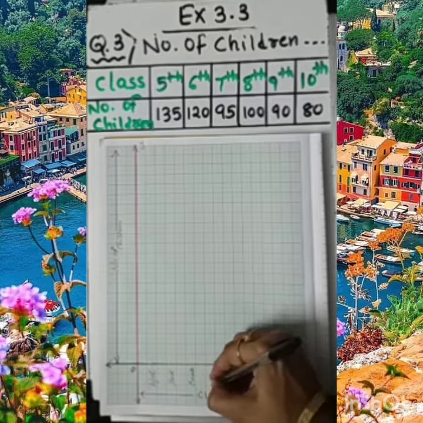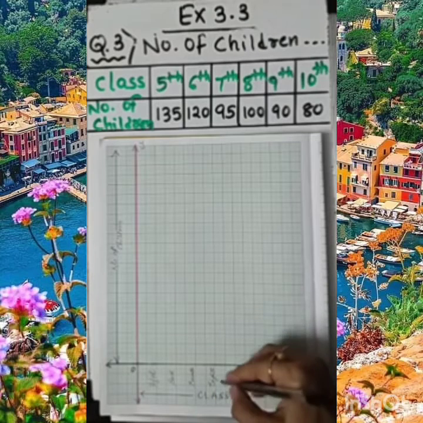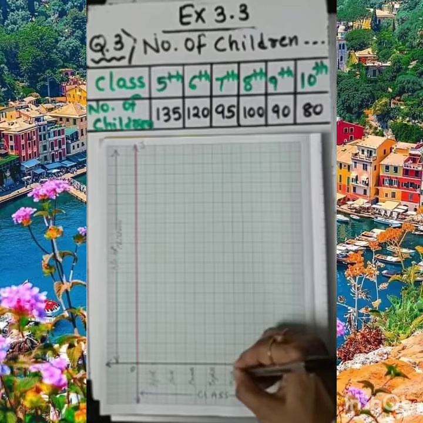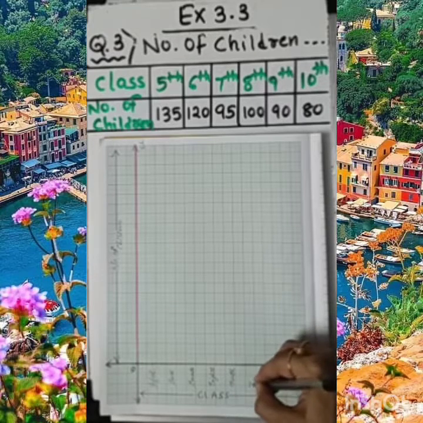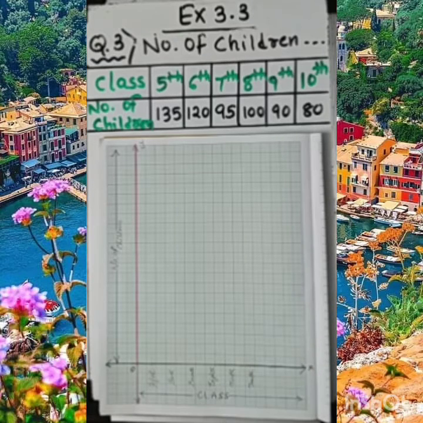Leaving this, we need to write here 8th. Leaving this, we need to write here 9th. And leaving this block, we need to write here 10th. So please mention this way. This is 5th, 6th, 7th, 8th, 9th and 10th.